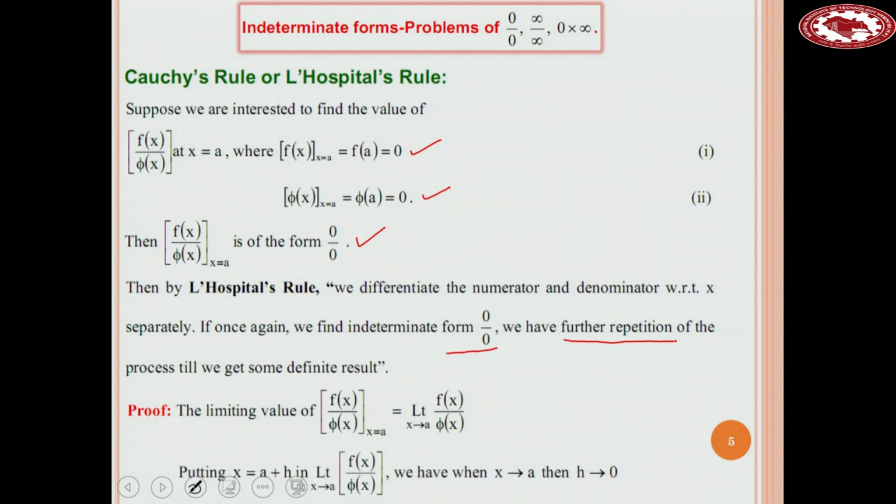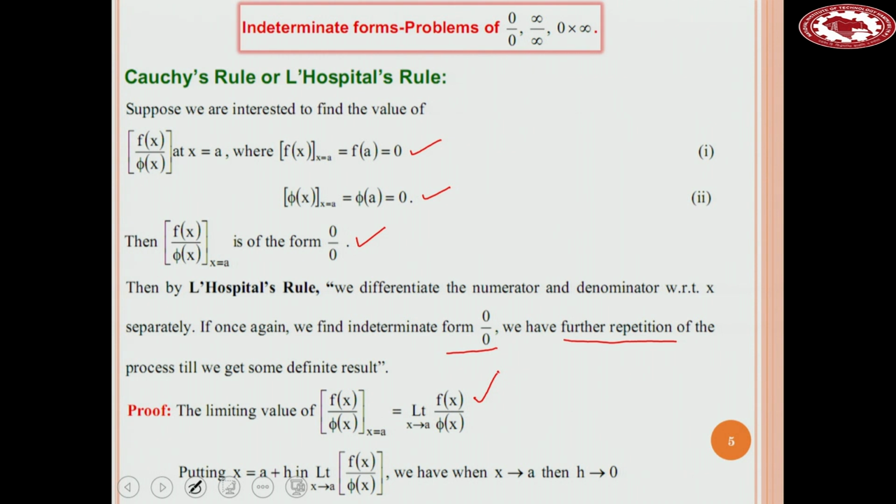Putting x equal to a plus h in this limit, when x tends to a, then h tends to 0. In that case, the limit becomes h tends to 0.